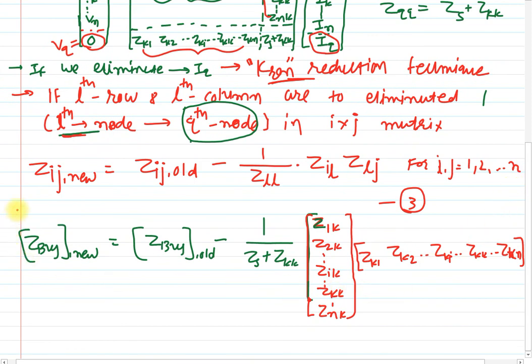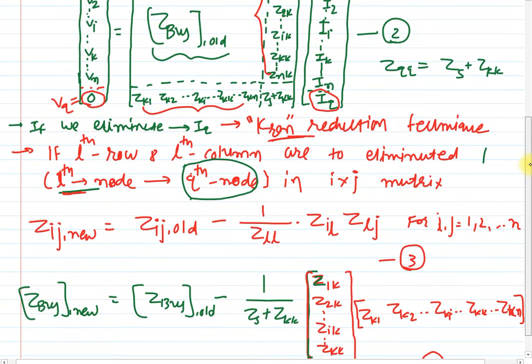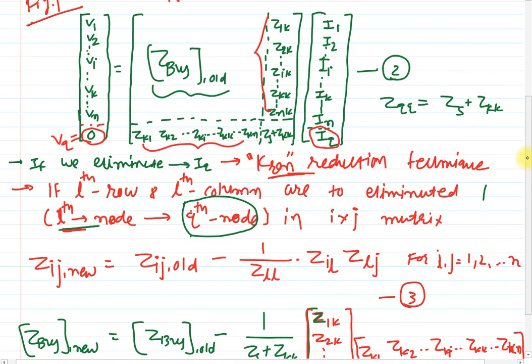So this is your final equation number 4 of type 3 modification.